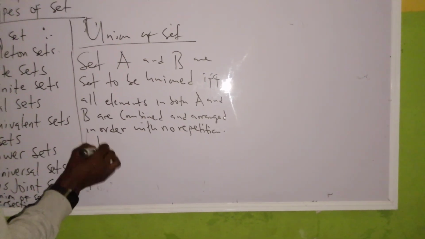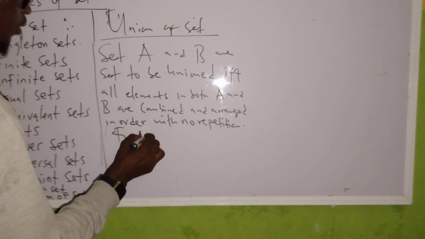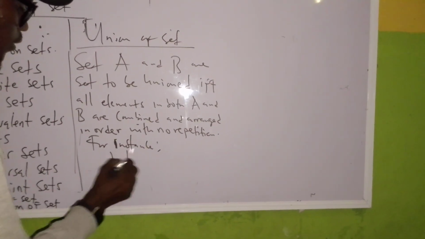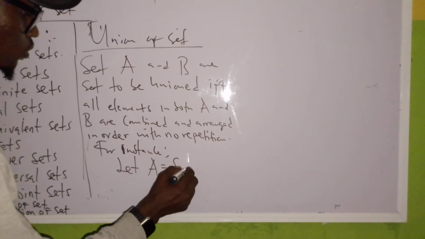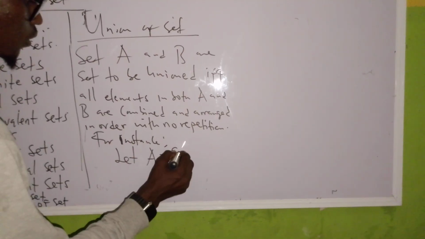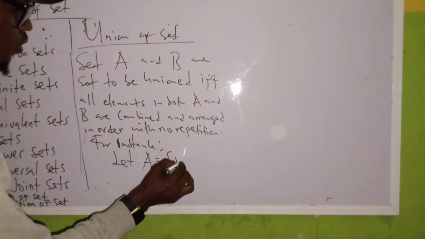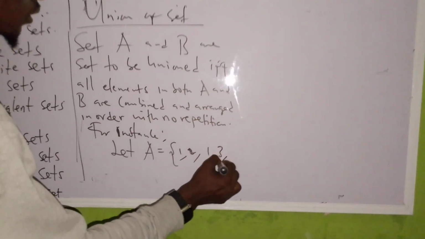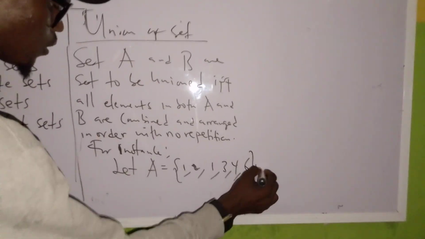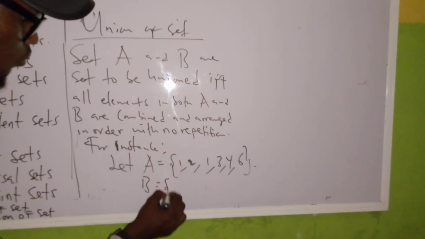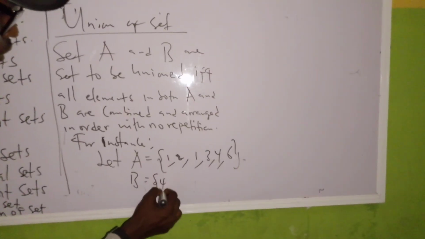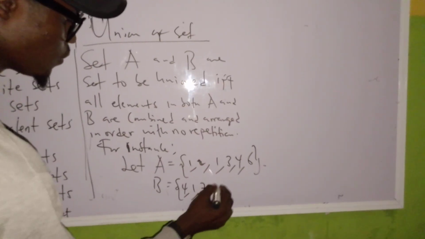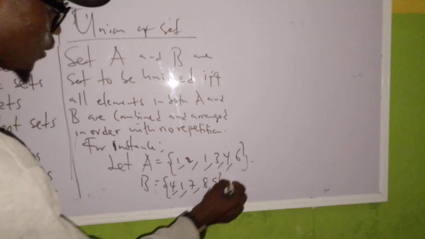So for instance, let A be equal to 1, 2, 3, 4, 6, and let B be equal to 4, 1, 7, 8, 9.